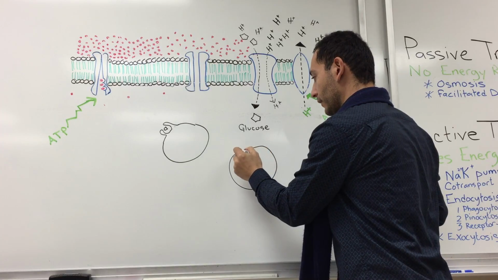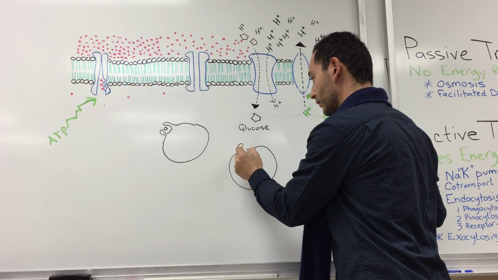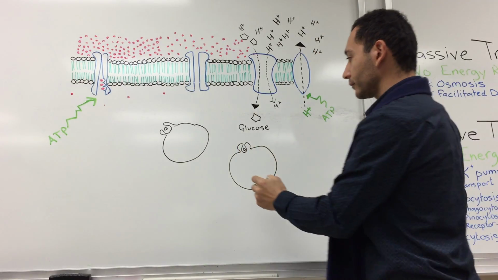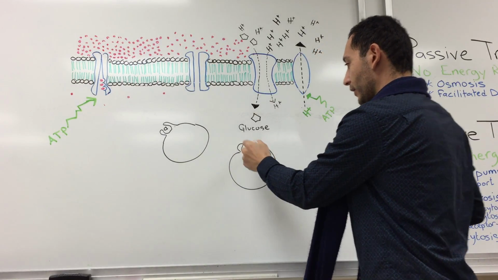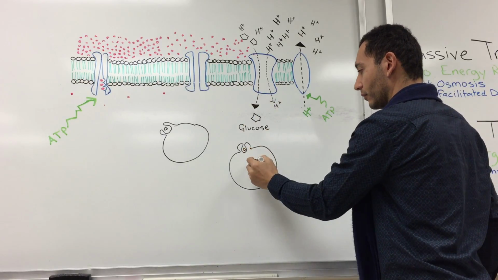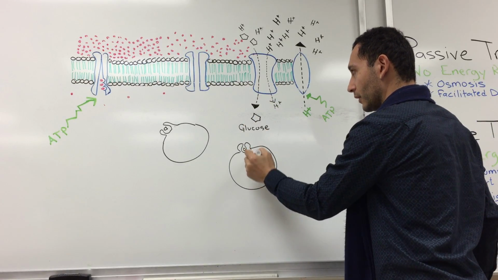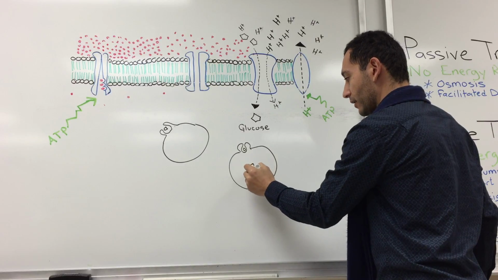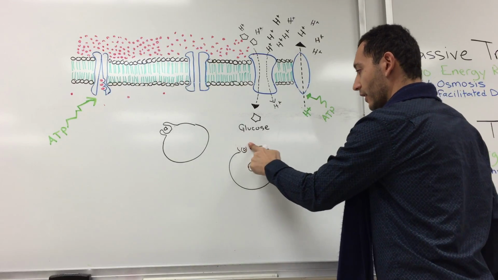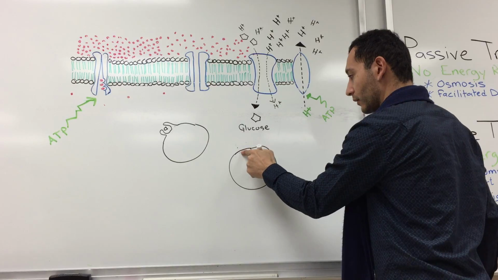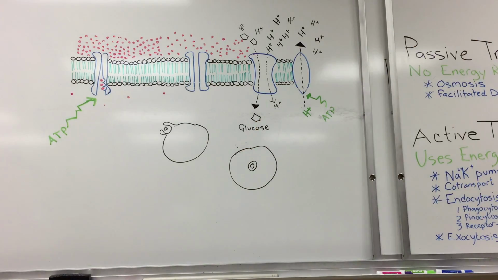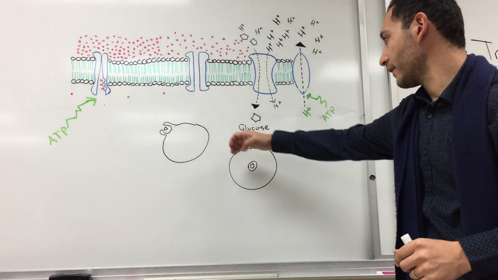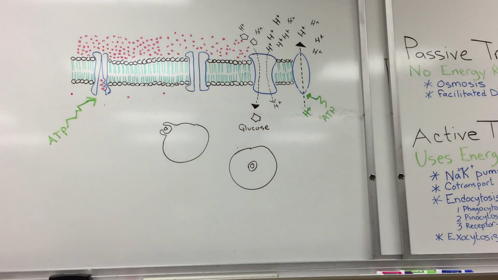So in just a short while, the plasma membrane will be able to engulf, and now you've got yourself a little vesicle with what you engulfed, and that would be an example of phagocytosis.